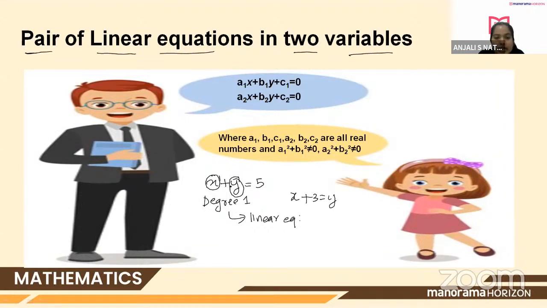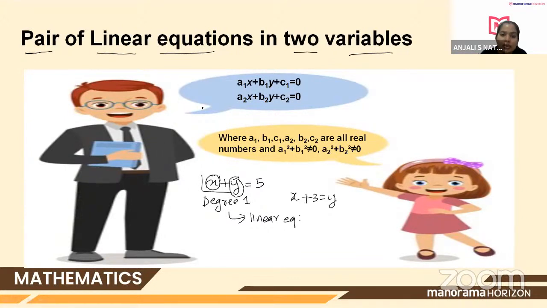So what is a linear equation? Its degree is 1, that is, the power of the variable is 1. Then it comes in two variables, x and y. That is a linear equation in two variables, and if we have two equations, we call it a pair of linear equations in two variables.